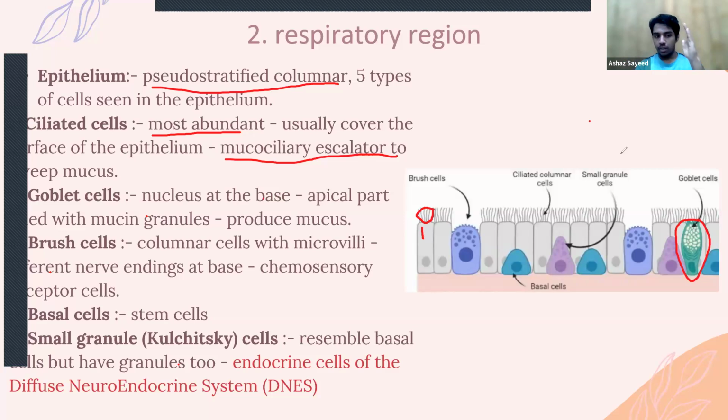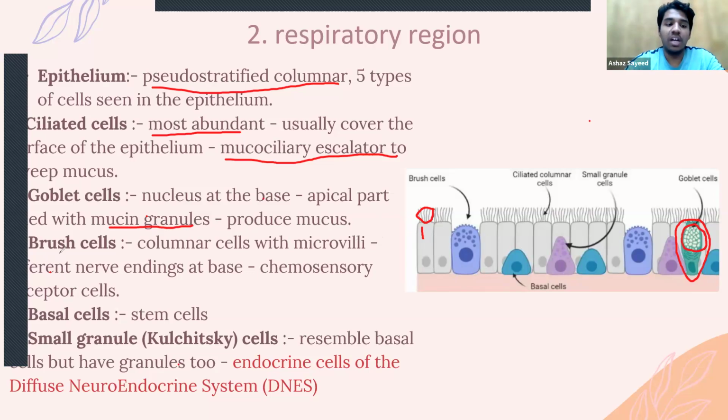Remember this, goblet cells produce mucus. Just keep it in mind. So you can see these small bead-like granules over there. That's your mucin granules. Inside of them is mucus, and they're going to get released outside.